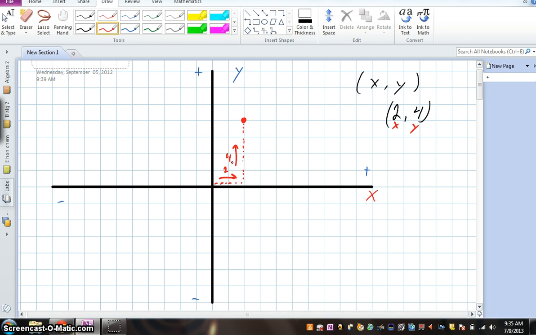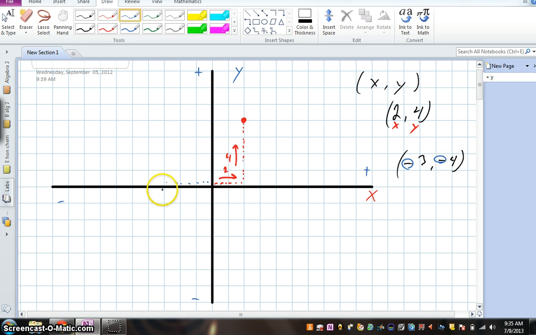Very easy stuff, but I find that if I do this now, it'll make the rest of the year easier. So let's say I did the point -3, -4, okay? Same idea. Because it's negative, I'm going to go left 1, 2, 3, and again, because it's negative, down 1, 2, 3, 4, okay?